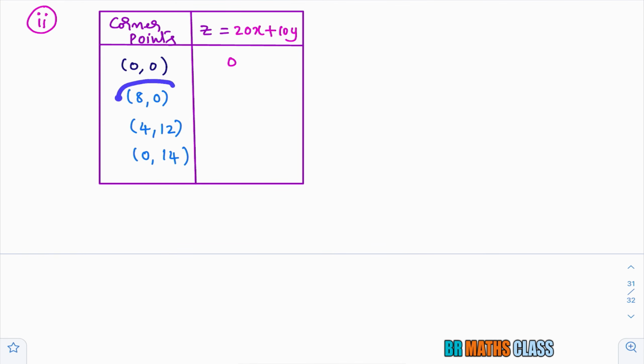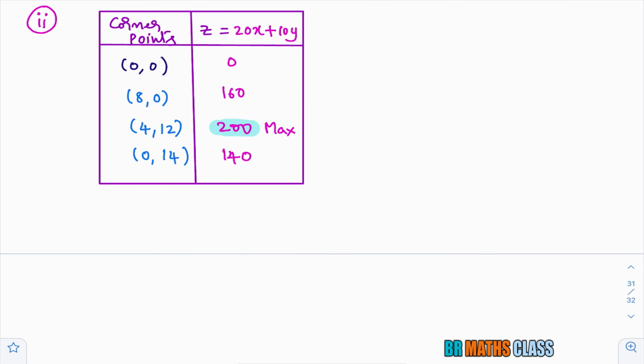And when we substitute this point in this, what will you get? 20 into 8, that is 160. Substitute this in this, 20 into 4 plus 10 into 12, that is 200. Substitute 0, 14 in this, what will you get? You will get 140. As they are asking to maximize the profit, in this the maximum value is 200.